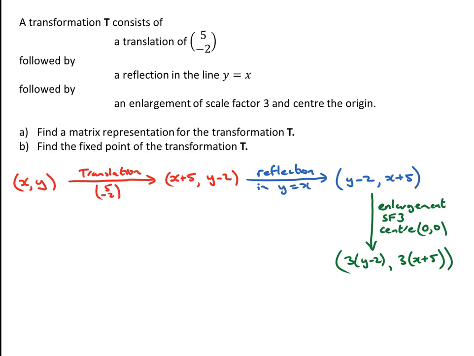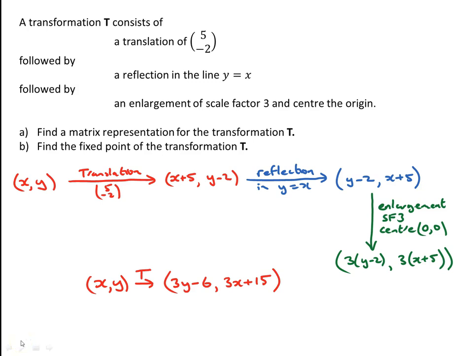In other words, the point (x, y) ends up at the point whose x coordinate is 3y - 6 and whose y coordinate is 3x + 15.